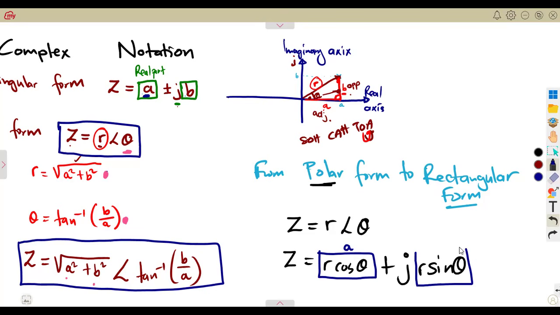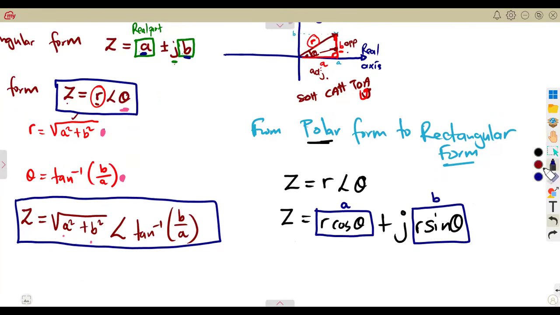This is representing the same B that we had before. So meaning to say the r cos theta that we are seeing here is the real part. And the r sine theta is the imaginary part.